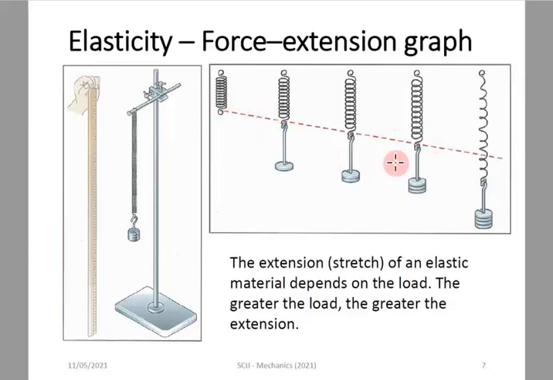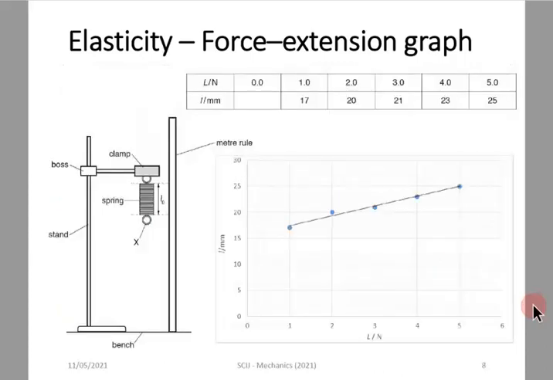But the point we want to raise here is that for the same spring or elastic material, if we increase the force, then the extension will also increase. Alright, so we can plot a graph for the amount of force against the extension. For the same apparatus, we have the spring, we have the meter rule by that side.